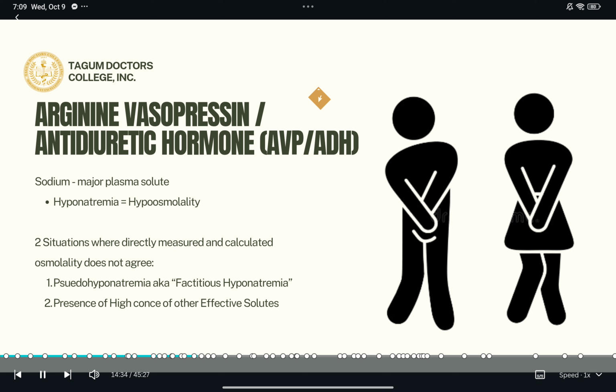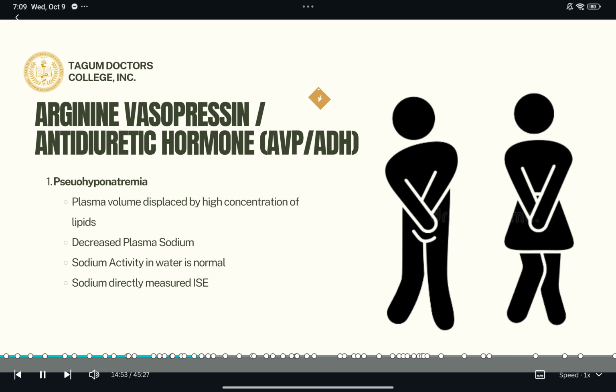And there are two situations where directly measured and calculated osmolality do not agree. We have first pseudo-hyponatremia, also known as factitious hyponatremia, and then we have the presence of a high concentration of other effective solutes. So in pseudo-hyponatremia, the plasma volume is displaced by a high concentration of lipids.